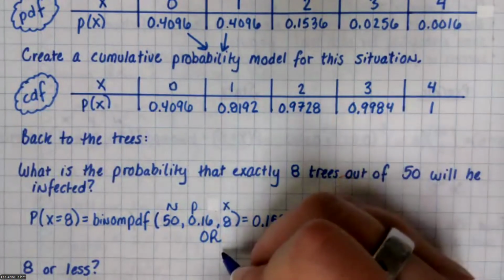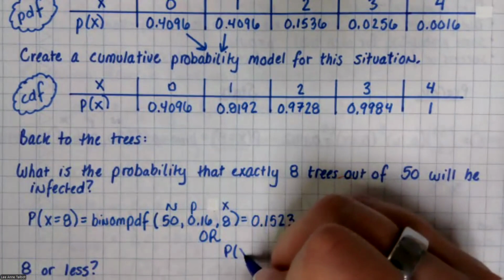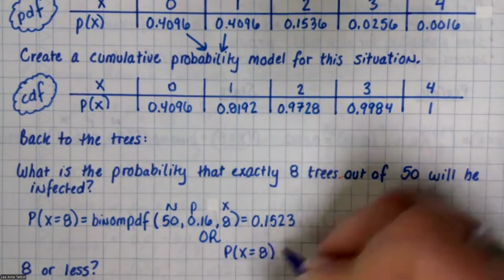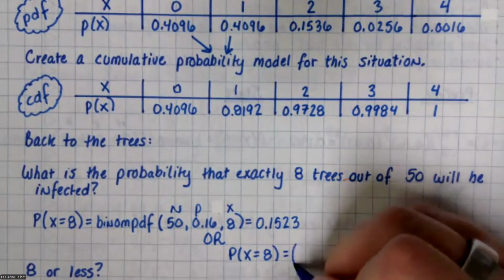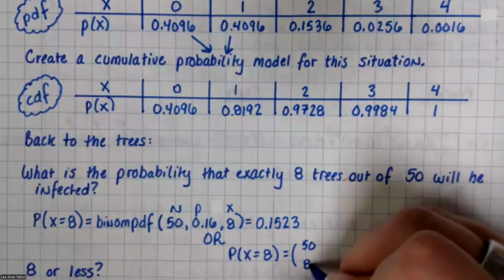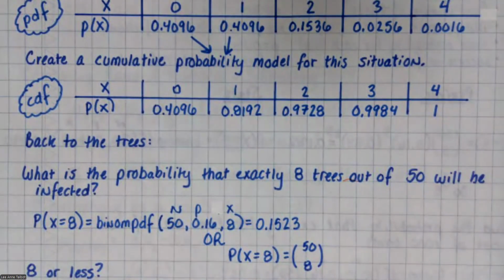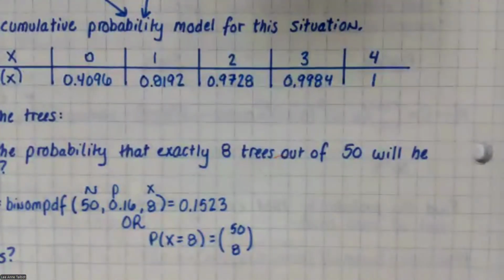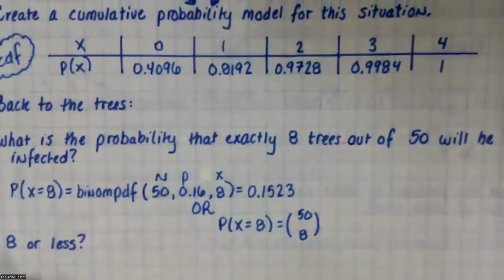Okay, now the other way. 50 choose 8. Technically it's supposed to be combination 8, but fine.